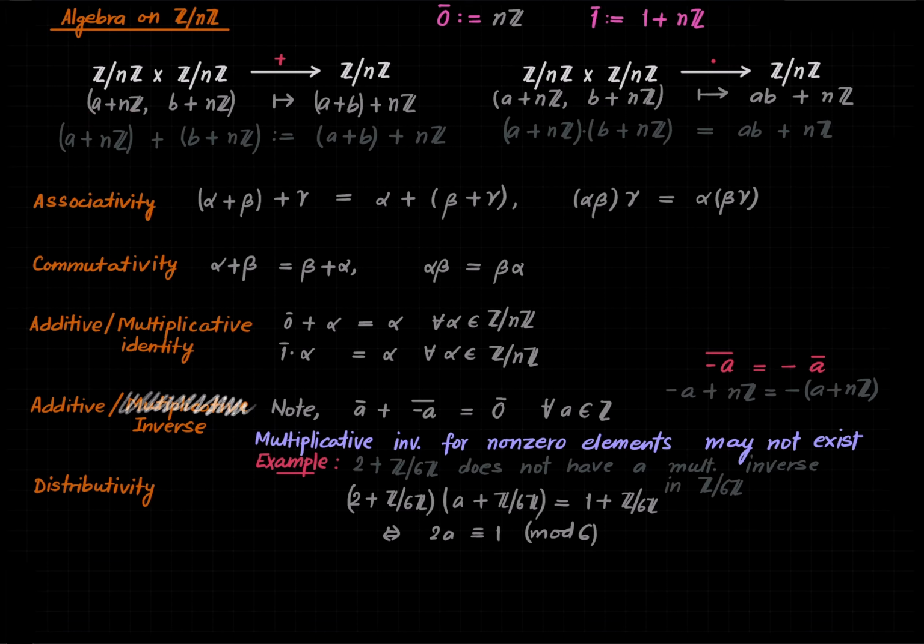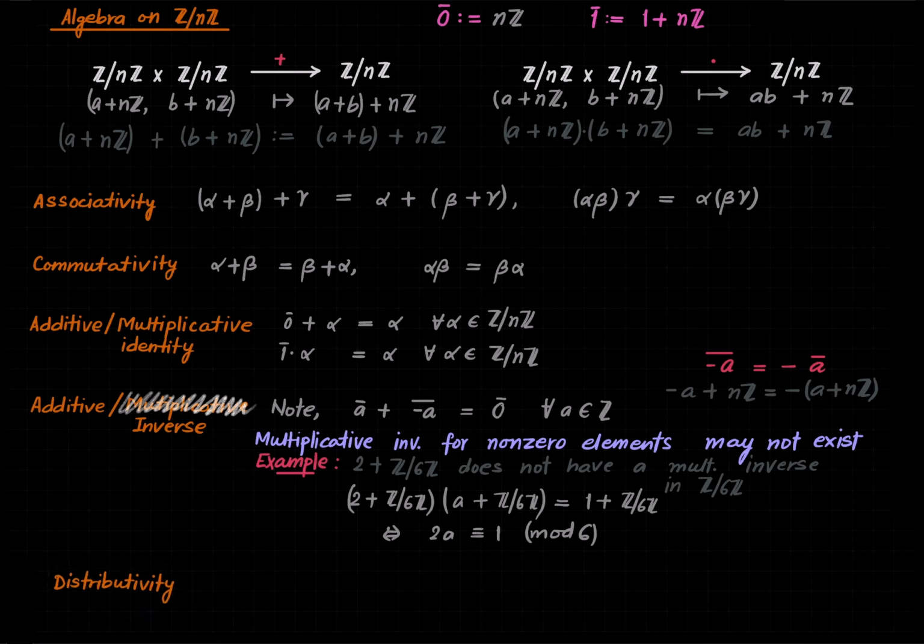So anyway, all I'm saying is that a plus nZ has a multiplicative inverse in Z mod nZ if and only if a is relatively prime with n. This is basically the theory of inverses in modular arithmetic, and a reason for it is Bezout's theorem. All right, wonderful. Finally, distributivity.